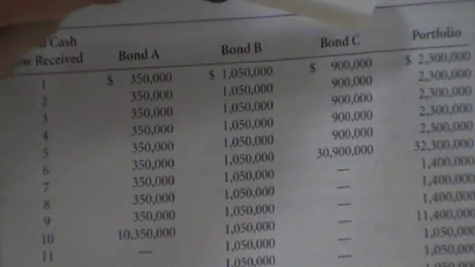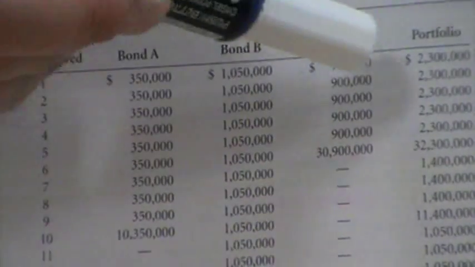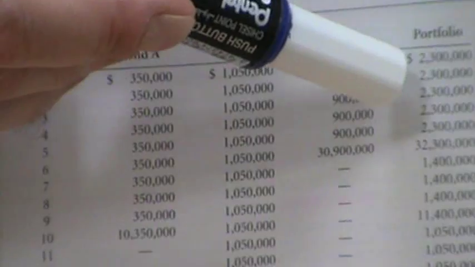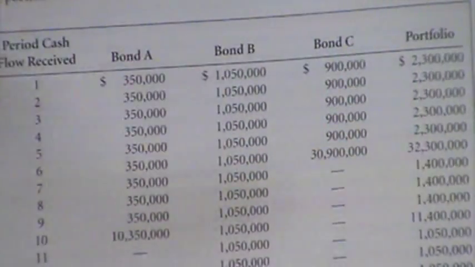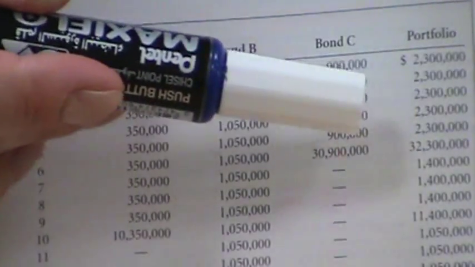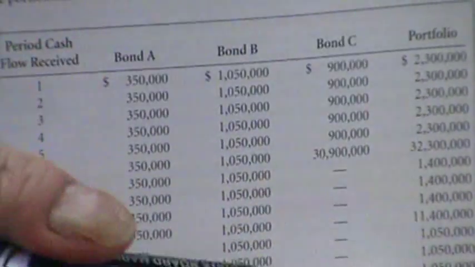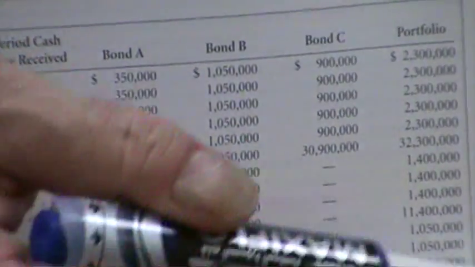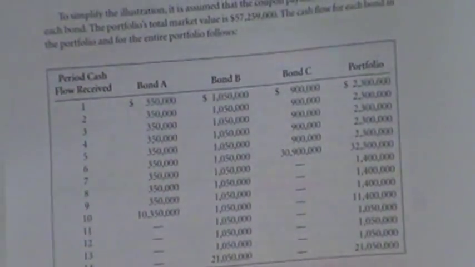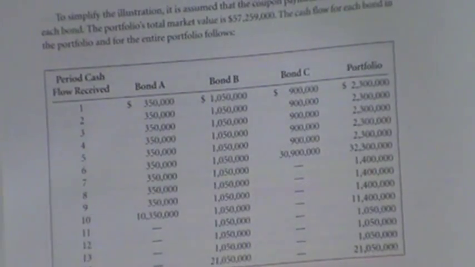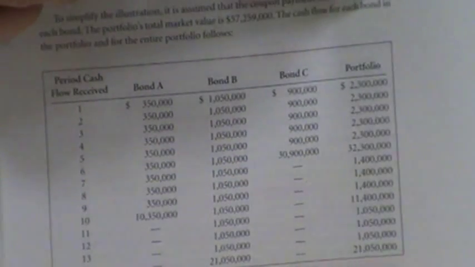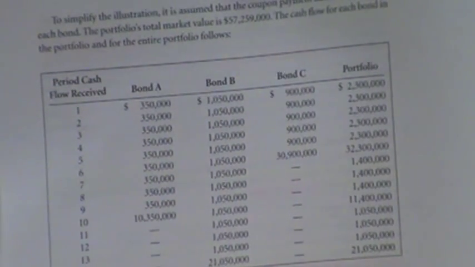And then you see the portfolio. The first number is 2,300,000, second year 2,300,000, third year 2,300,000, and all the way to 21. And then you take this portfolio and compute the yield only for that portfolio, meaning the total of the cash flows, just like any other yield.